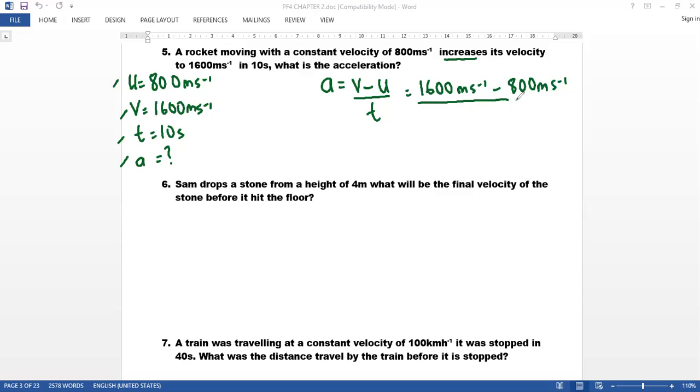And the time taken for these changes is 10 seconds. So we should get an answer of... if you have problem in solving this, please talk to me. Okay, I can explain to you how to solve this. 1,600 minus 800 is 800. 800 divided by 10, you get 80. All right. You must know how to solve this.